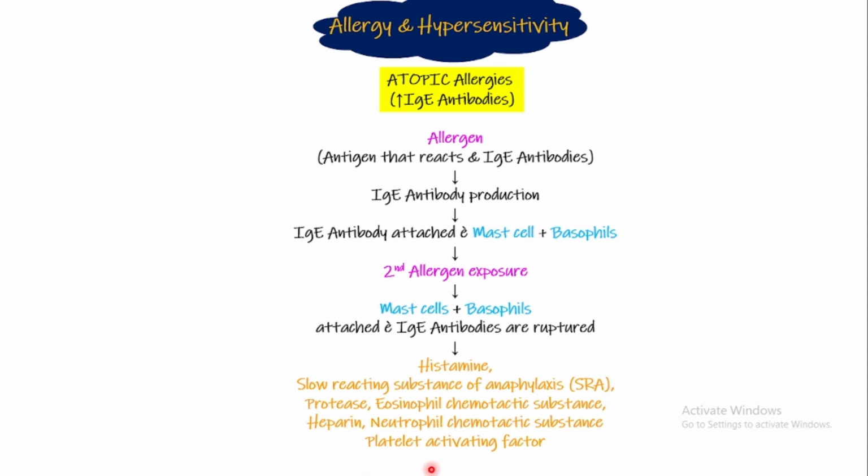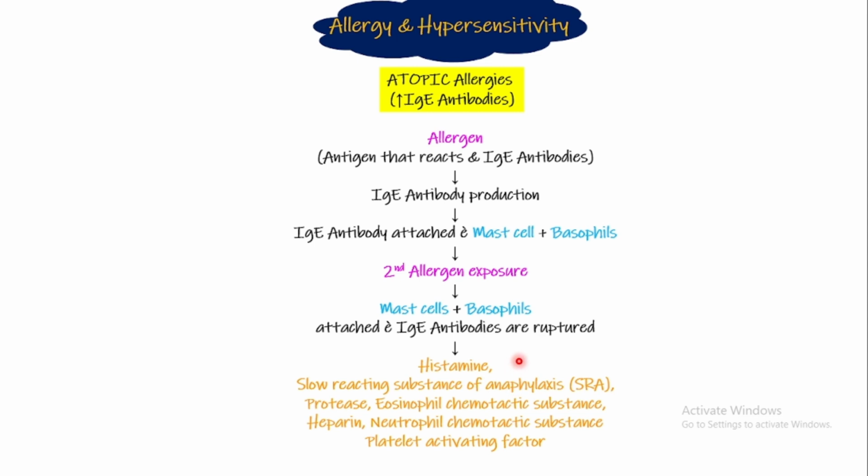So it's the same whole mechanism we discussed in mast cells and basophils: the allergen comes, results in IgE antibody production, that IgE antibody is attached to mast cells and basophils, then those cells degranulate on the second exposure, releasing histamine, slow reacting substance of anaphylaxis, and many more. The two most important things, which we are going to discuss in detail, are histamine and slow reacting substance of anaphylaxis, SRA.